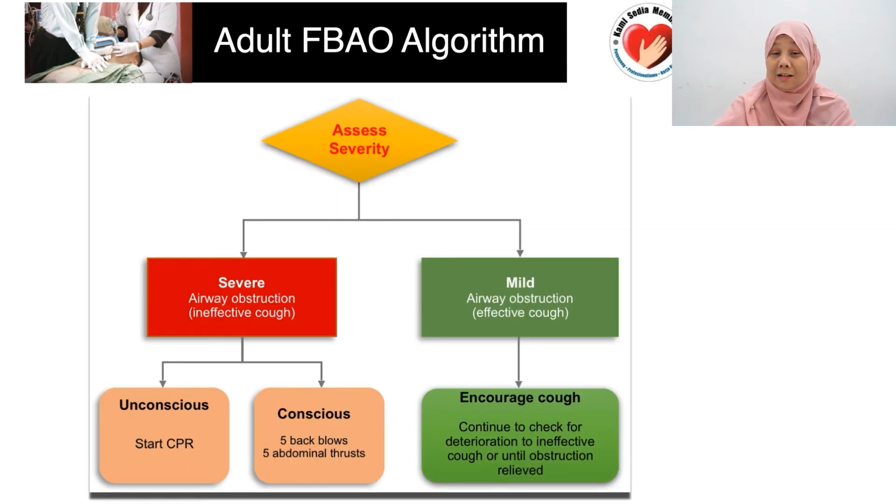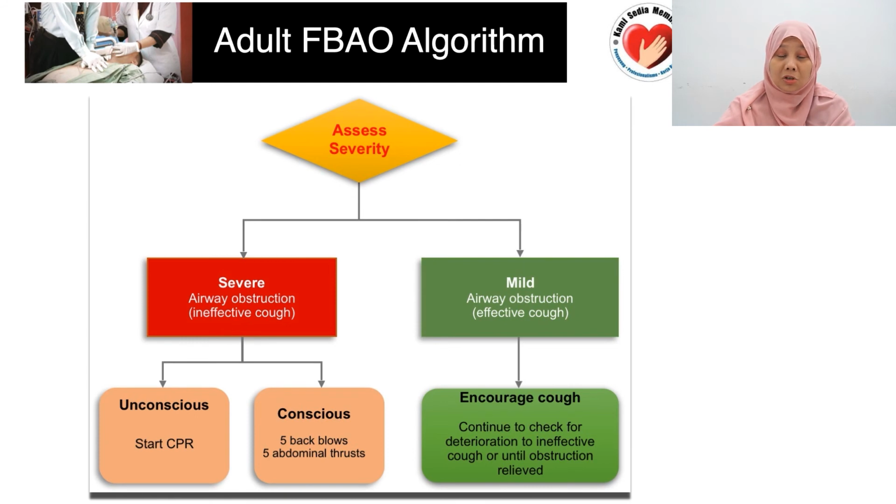This is the adult foreign body airway obstruction algorithm. We assess the severity, whether it's severe or mild. As I've said, if it's severe, there'll be an ineffective cough and airway obstruction. When the person is conscious, we give 5 back blows and 5 abdominal thrusts.